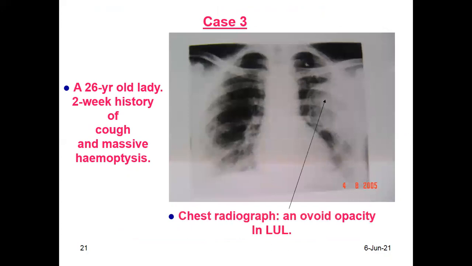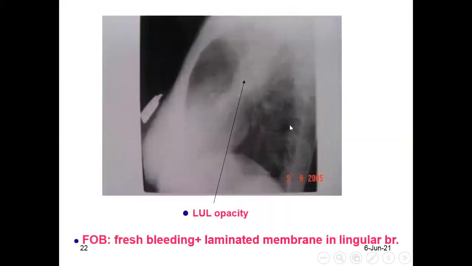The plain X-ray of the chest revealed an ovoid opacity in the left upper lobe, and the lateral view showed the opacity in the left upper lobe. Fiberoptic bronchoscopy revealed fresh bleeding and a laminated membrane in the lingular bronchus.